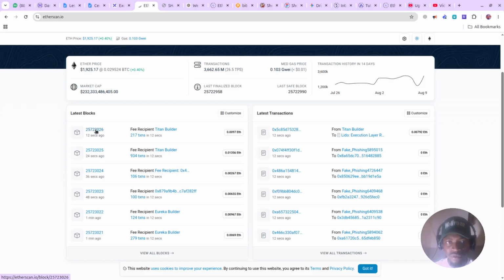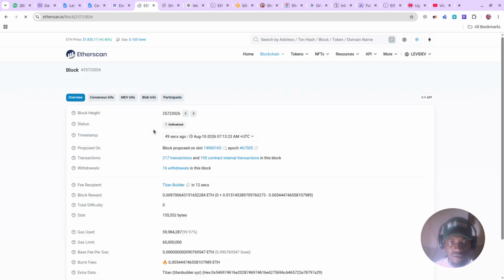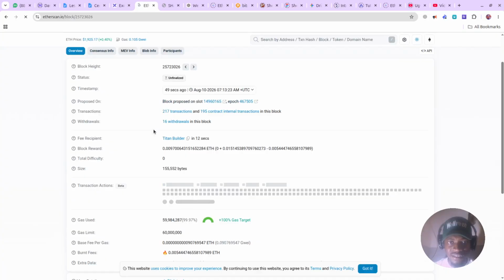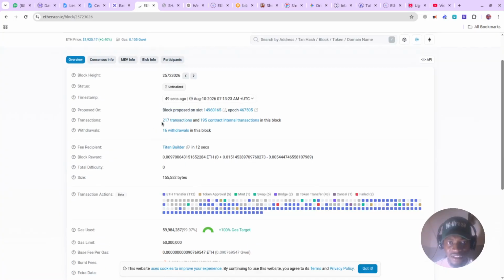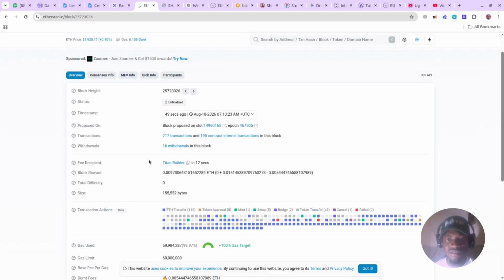So if I open this first block, you see that inside this block there are 212 transactions. All right, so you can see what I'm trying to explain to you, that a block contains many transactions, and each transaction is hashed independently, then they are combined together to produce the hash.